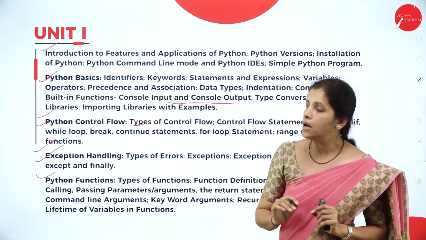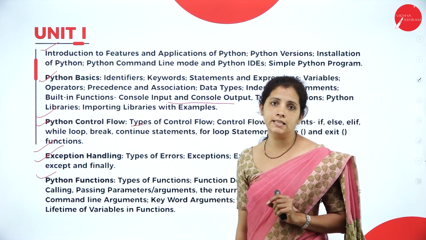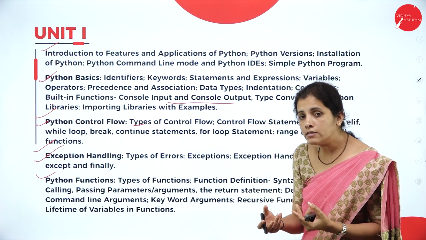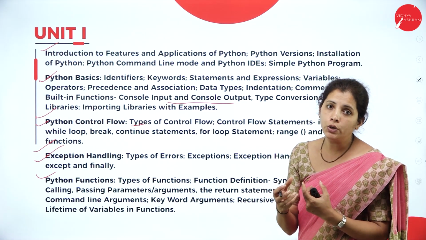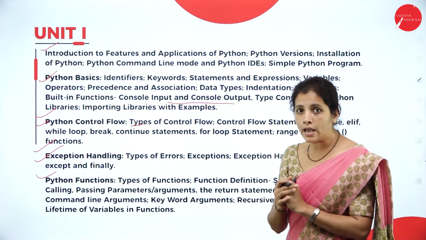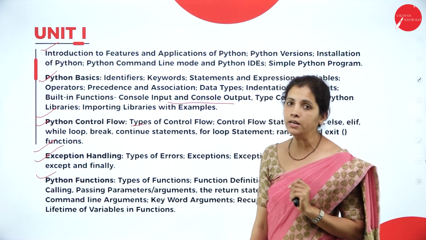For that reason, I'm going to have exception handling. Here, exception handling is nothing but error handling. And what kind of errors, how we are going to handle the errors, and what keywords we have, all those things we are going to study under exception handling.